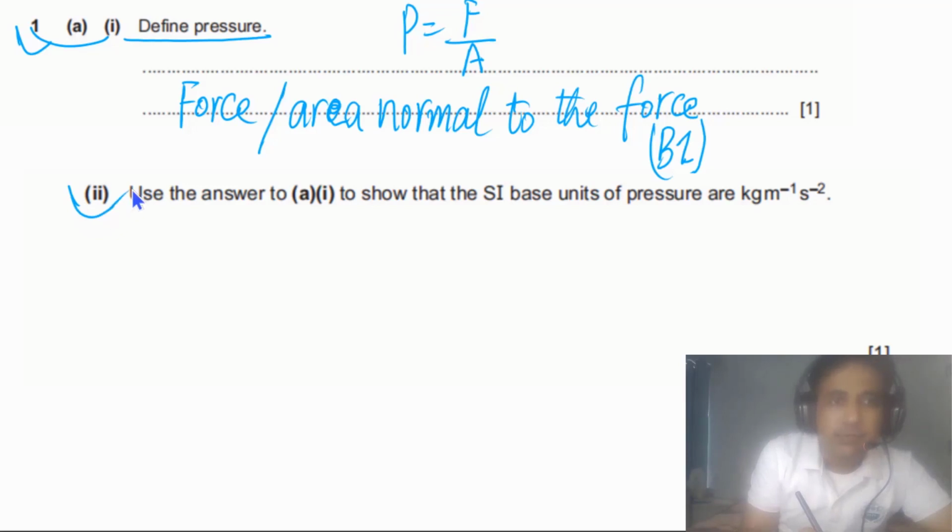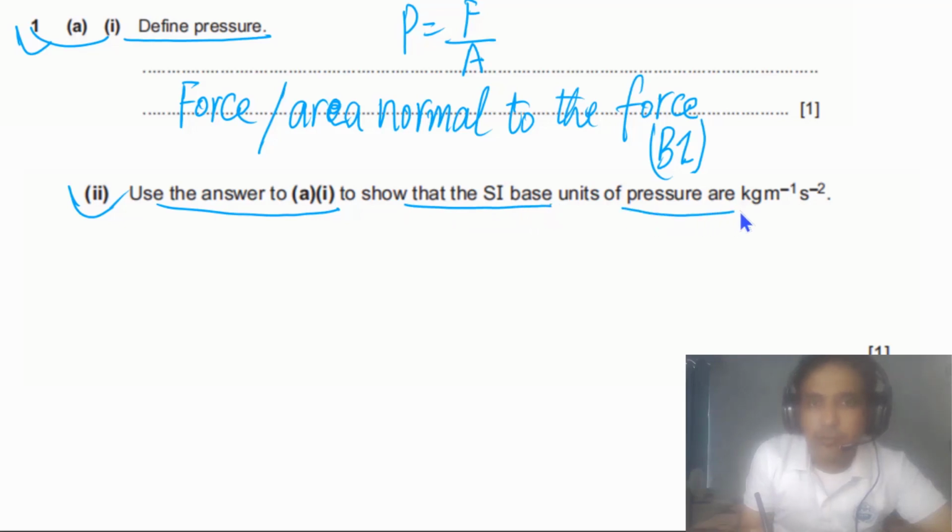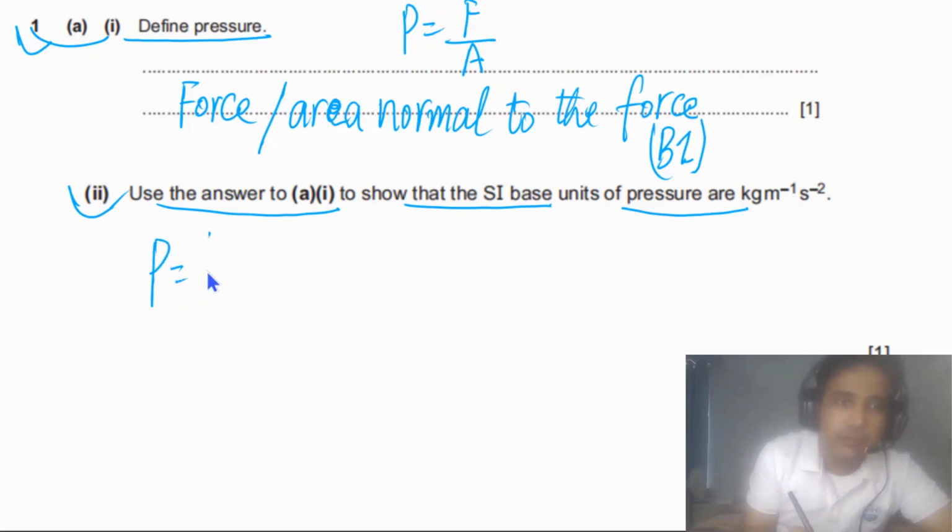For the second part, we need to use the answer from A1 to show that the SI base units of pressure are kg per meter per second squared. So simply we can rewrite P is equal to F over A, and force F is equal to ma, divided by the area normal to the surface.